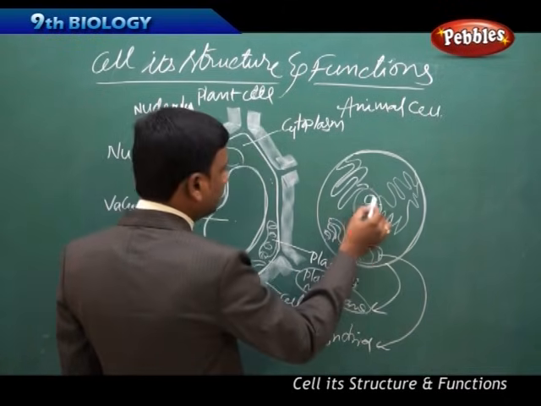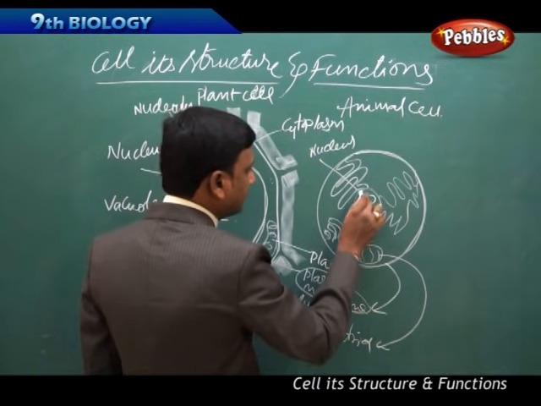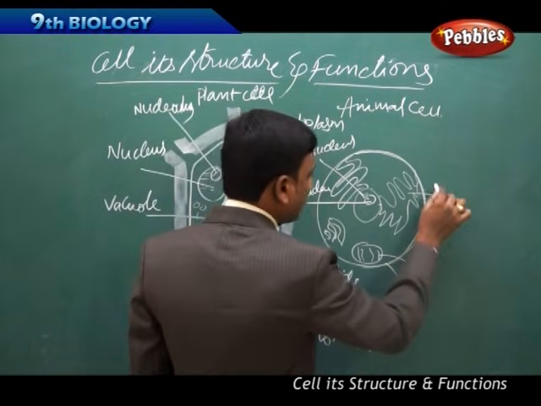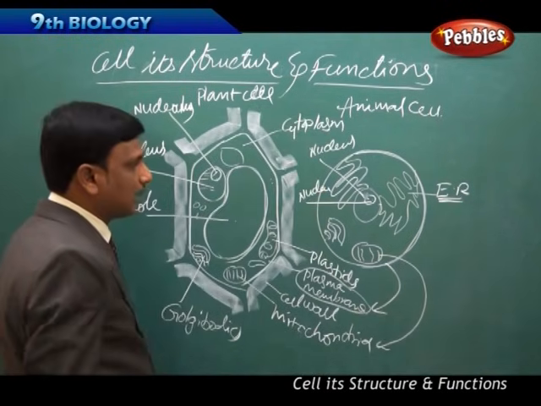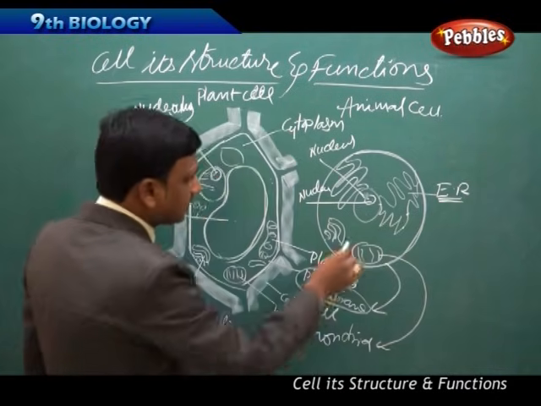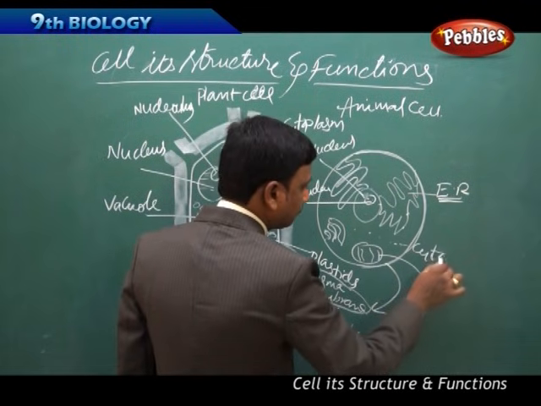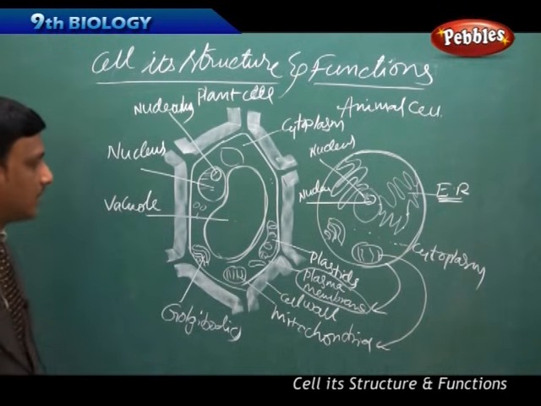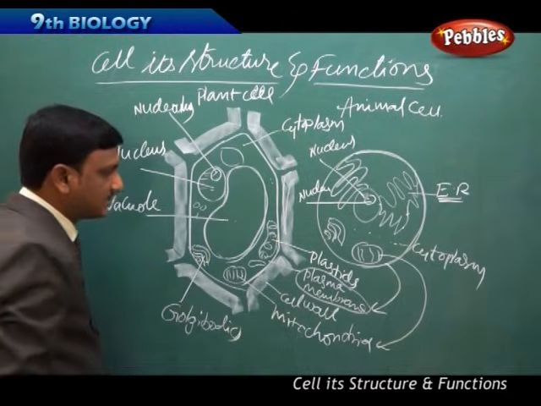Here it has a nucleus, this is also common, and this is the nucleolus, and it has endoplasmic reticulum. Cytoplasm is also common. In the case of a plant cell, we find an extra covering, that is the thick cell wall.